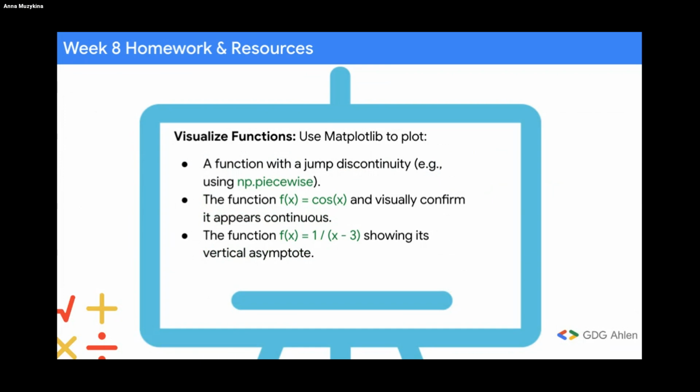Use Matplotlib to visualize different functions. Try plotting another jump discontinuity. Plot simple continuous functions like cosine of x to see its smoothness, and plot a function with a clear vertical asymptote like 1 over the quantity x minus 3.